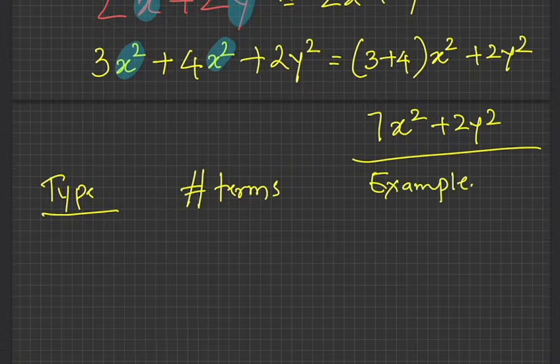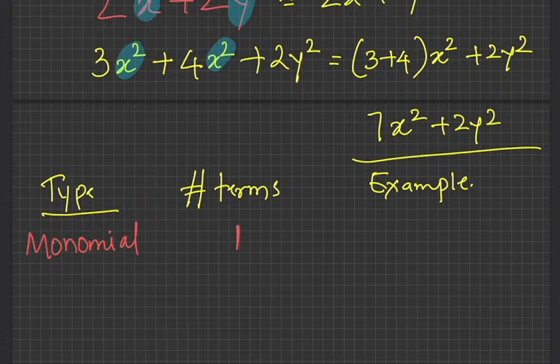Okay. So one type of expression is called a monomial expression. The number of terms in a monomial is actually 1, so there will be only one term.